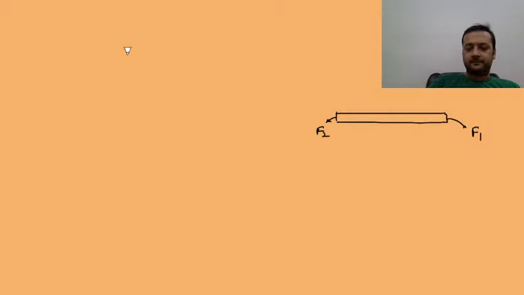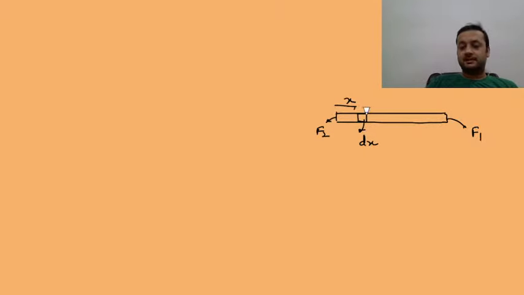Now, you know that elongation is extension upon original length. Suppose I take an element dx at a distance of x. I'm not using integration; I'm just trying to explain why we can use the average method here.